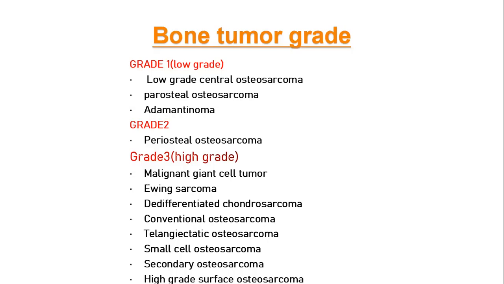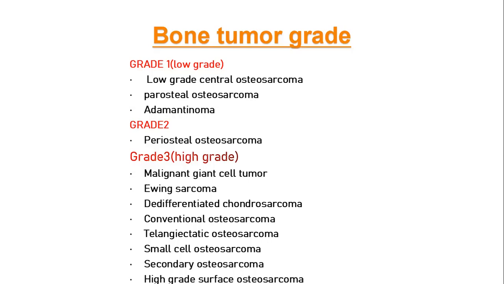Under grade 1, we have the low grade, which includes the low grade central osteosarcoma, parosteal osteosarcoma, and the adamantinoma, which falls under grade 1. Then grade 2, we have the periosteal osteosarcoma, which is the only one graded under grade 2. And then we have grade 3, which is high grade.